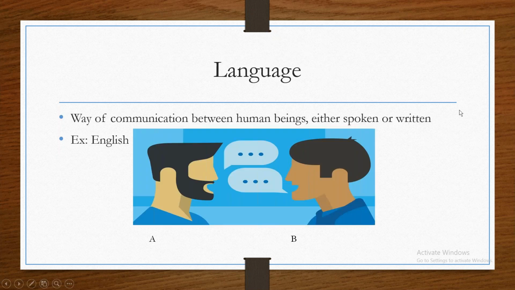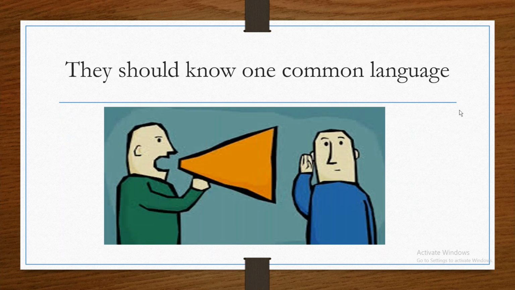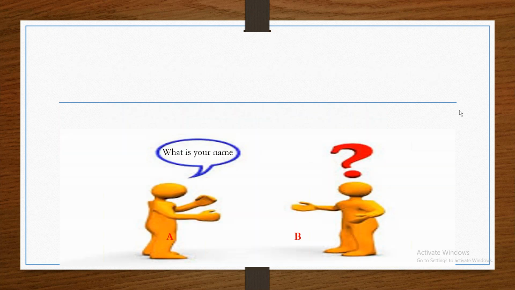It is the only way and the best way to communicate with each other, with anyone, right? So for that, what should we have? They should know a common language, right? If two people want to communicate with each other, they should know the common language, whether it may be English, Telugu, Hindi, Spanish, Japanese, any language. Otherwise, they cannot communicate with each other.